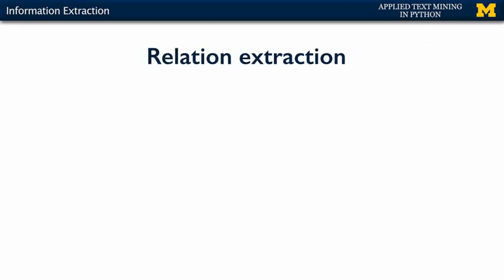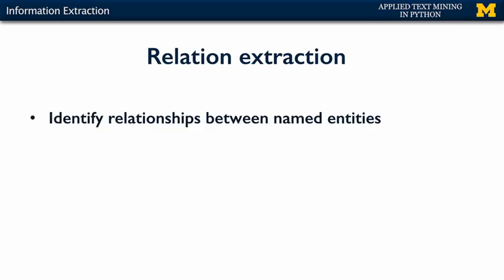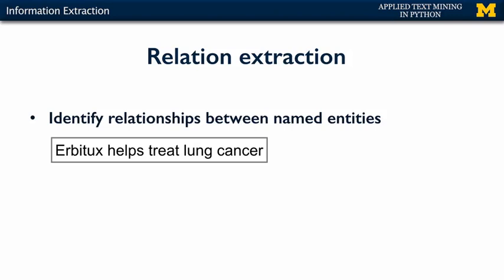Once you have identified these, then you are going to ask the question about relation and relation extraction. The relation extraction task is identifying relationships between named entities. So let's take an example of something that we have seen earlier today: "Erbitux helps treat lung cancer."